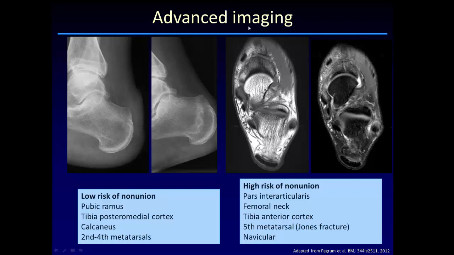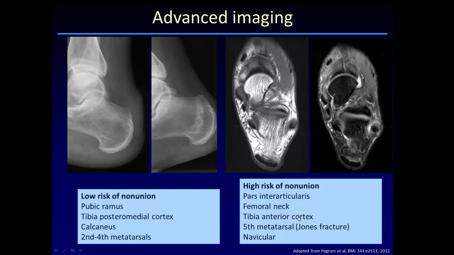So I think a reasonable approach to when to use advanced imaging are for those fractures where there is a high risk of non-union: the pars in athletes, the femoral neck in particular, because we don't want to see displacement.